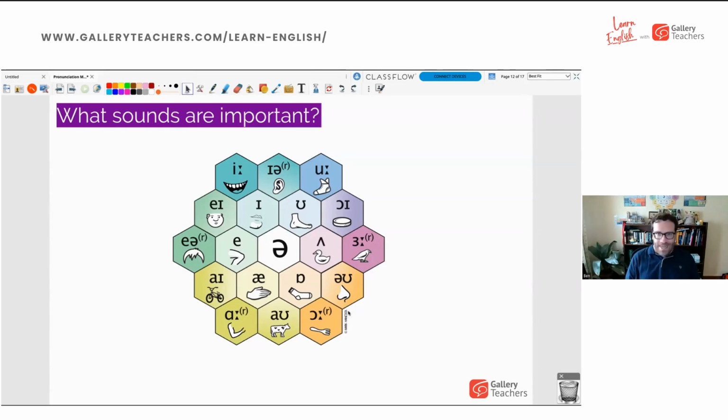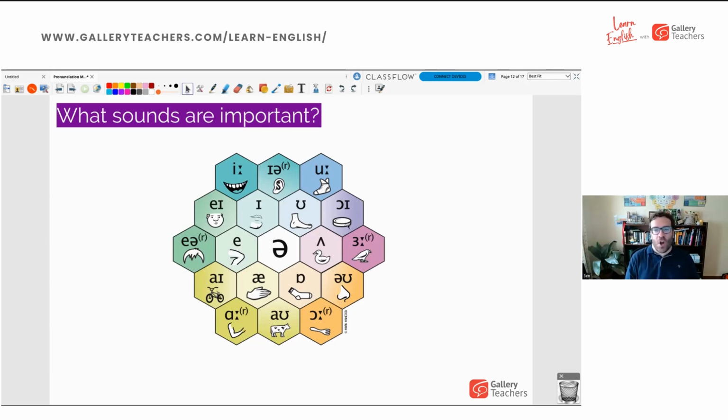You don't need to worry about making the exact vowel. Actually, many different English speakers with different accents will say the vowels in different ways.